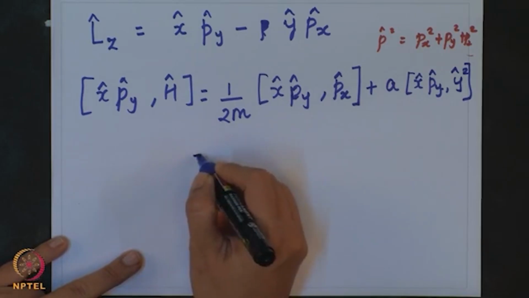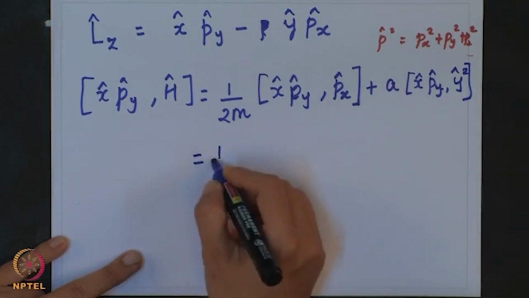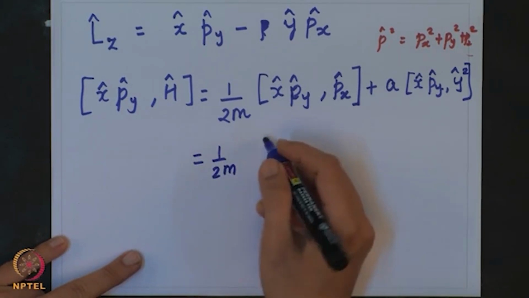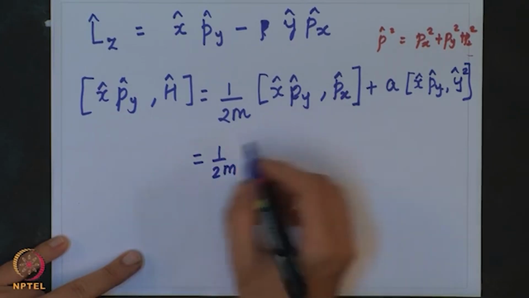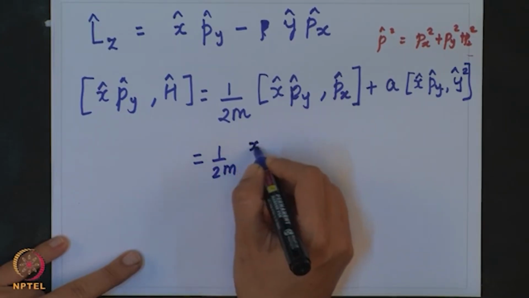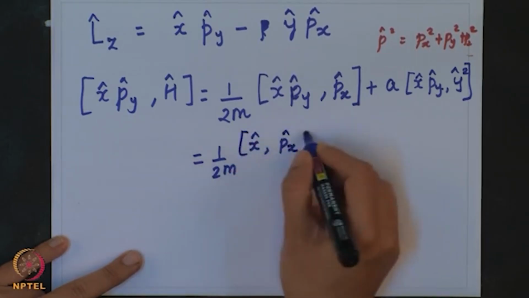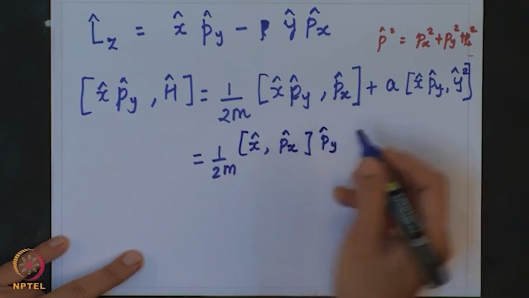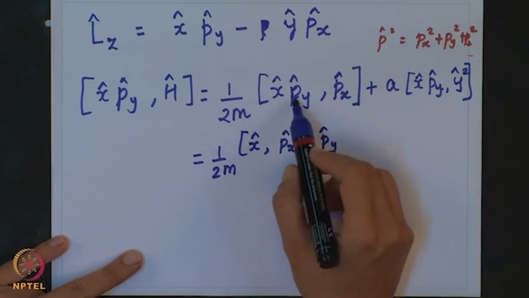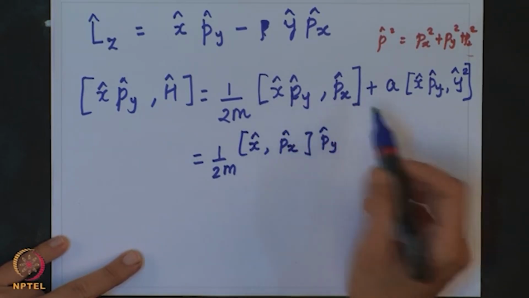So, now we use the commutation relation. The first term would give me x times the commutator of p_x squared with p_y, and we know that the commutator of p_y and p_x is 0.